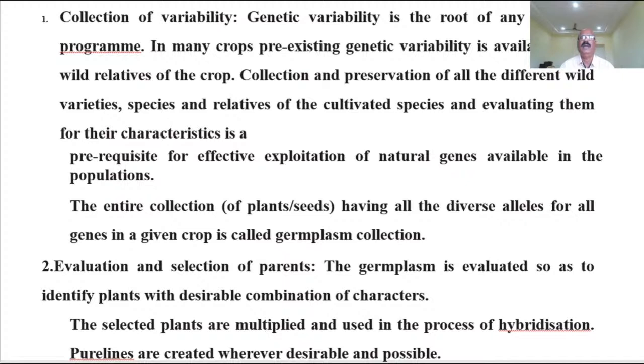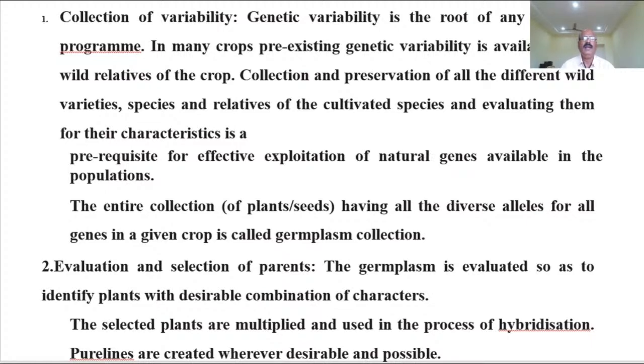Collection and preservation of all the different wild varieties, species and relatives of the cultivated species, and evaluating them for their characteristics, is a prerequisite for effective exploitation of natural genes available in the populations. The entire collection of plant seeds having all the diverse alleles for all genes in a given crop is called germplasm collection.